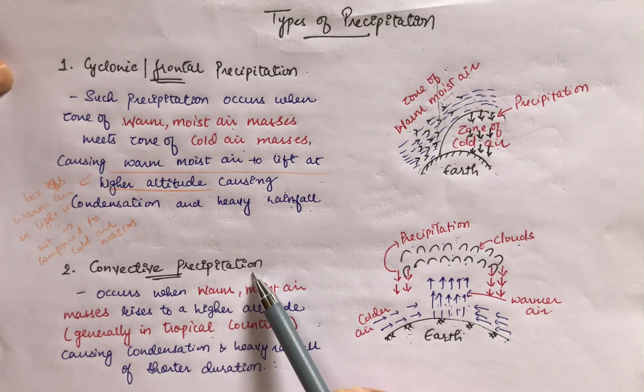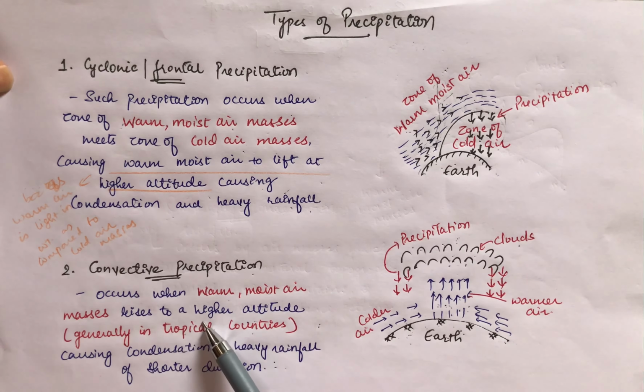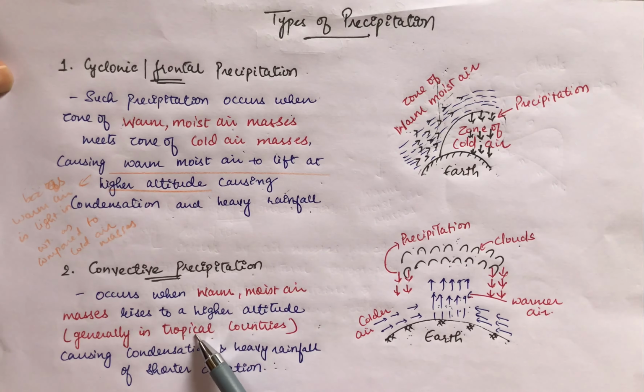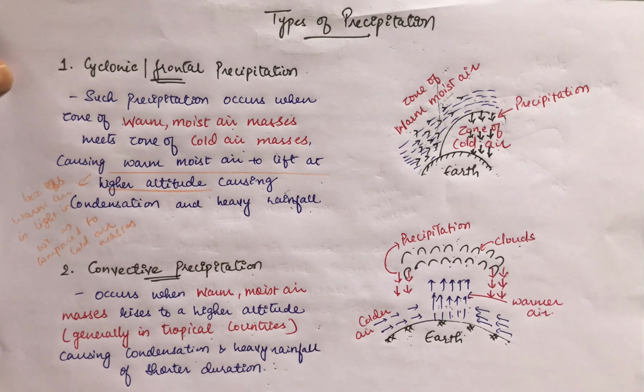So convective precipitation occurs when warm moist air masses rise to a higher altitude, generally in tropical countries, and then cause condensation and heavy rainfall of shorter duration.